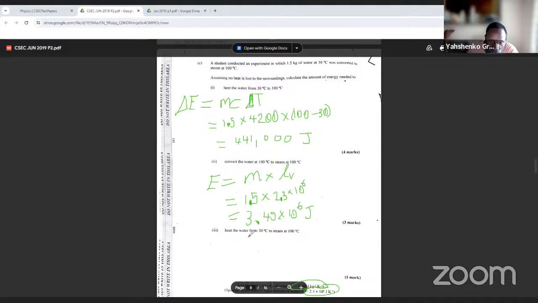So what's the total amount of energy to heat the water from 30 degrees Celsius to steam? Well, we simply add it up. So the total energy is equal to 441,000 plus 3,450,000.